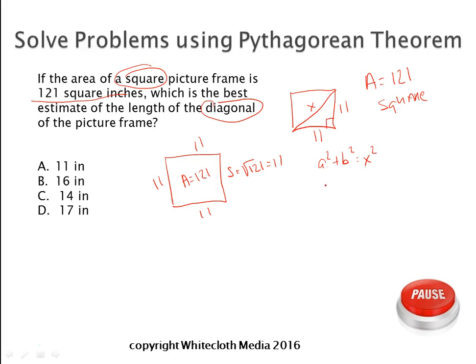Then just take the square root and I got my answer. So 11 squared plus 11 squared is my diagonal squared. 121 plus 121 is my diagonal squared. 242 is my diagonal squared. So my diagonal must be the square root of 242. Let's look that up or calculate that.